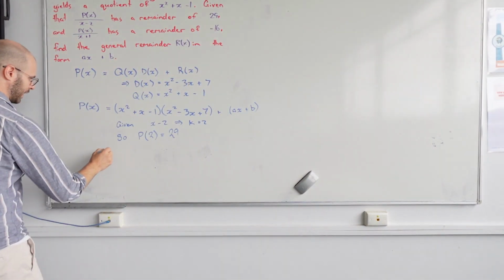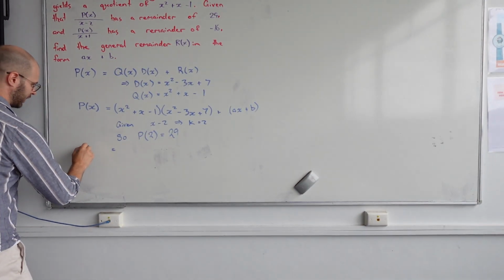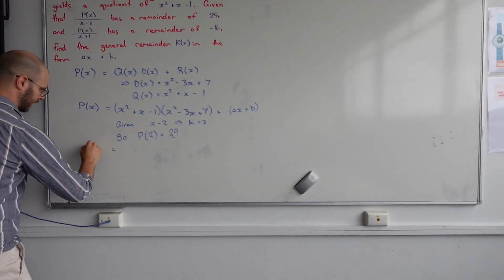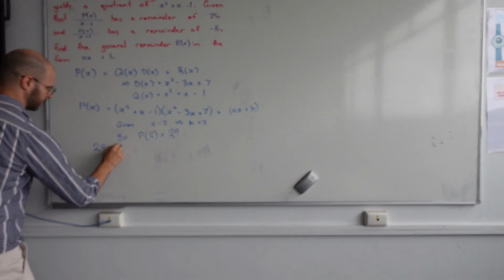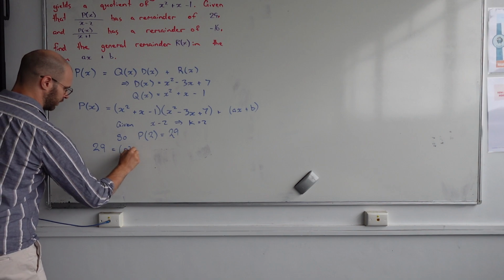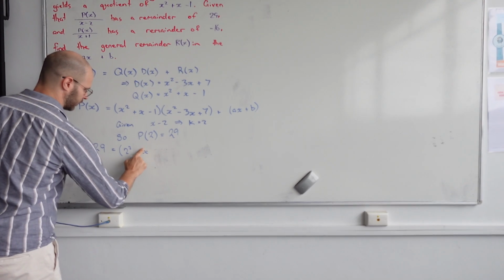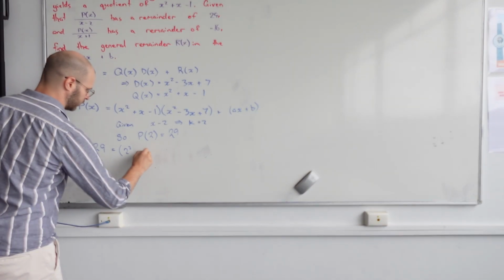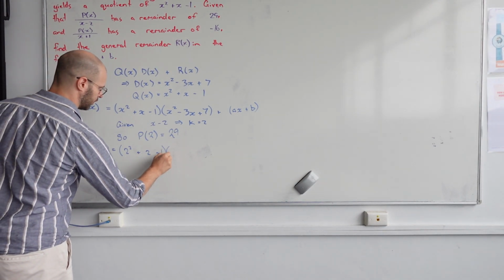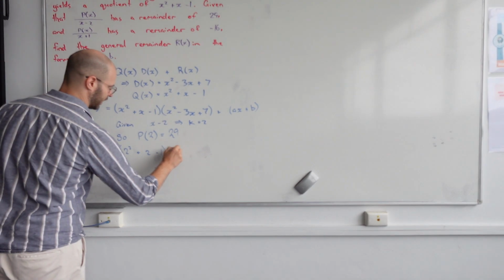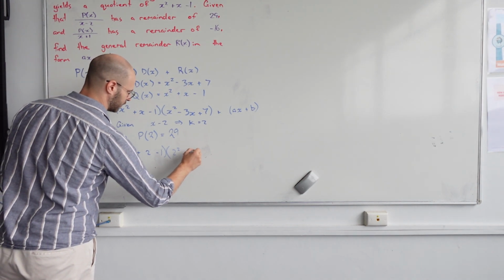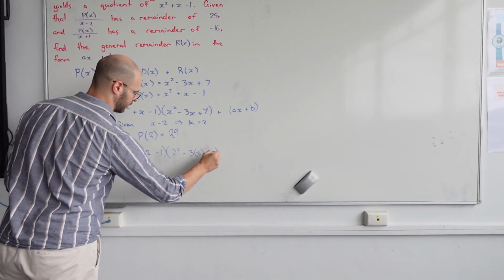So I'm just going to sub that in. I'm going to say p of 2, which is 29, is going to be 2 squared plus 2, take 1, then we're going to get 2 squared, take 3 times 2, plus 7.